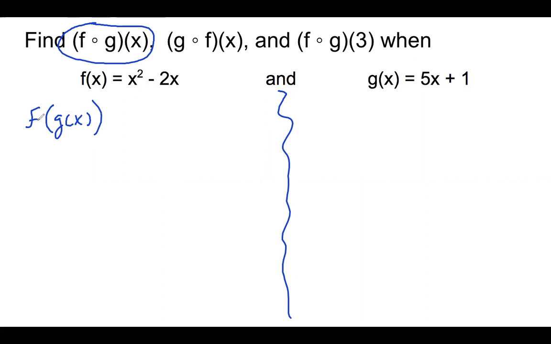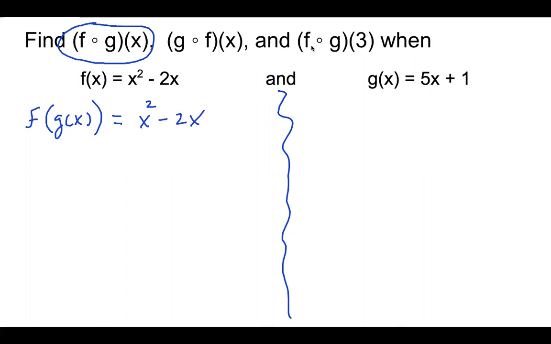Okay, so f is the outer function, we're going to be plugging in g. So since f is the outside function, what I like to do and what students have liked is I write out the outside f function verbatim, which is x squared minus 2x.